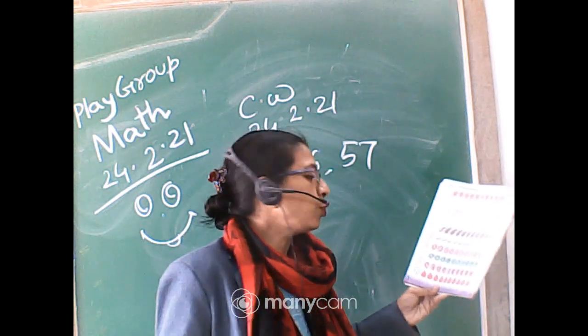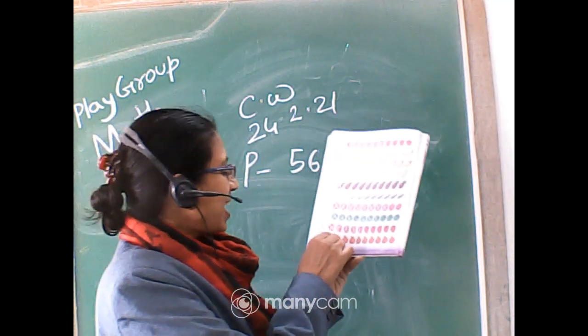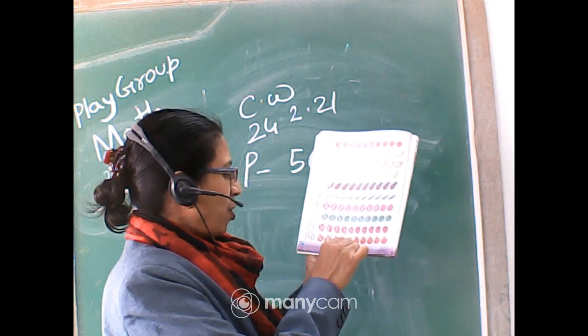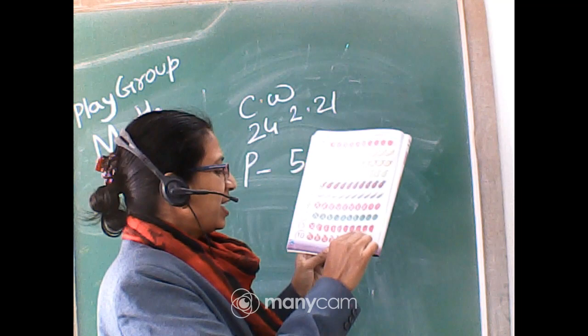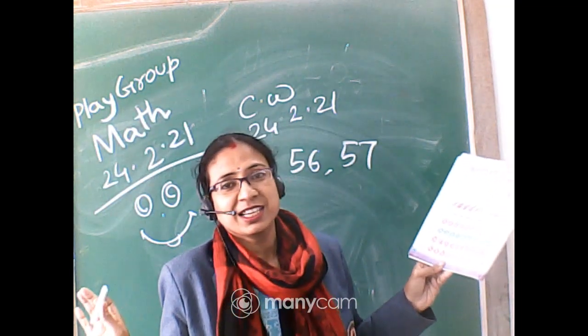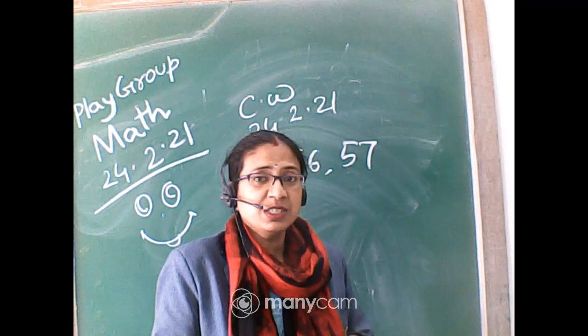And we have to cross out 10. So let's start. 1, 2, 3, 4, 5, 6, 7, 8, 9, 10. All orange cross out because 10 orange was there.